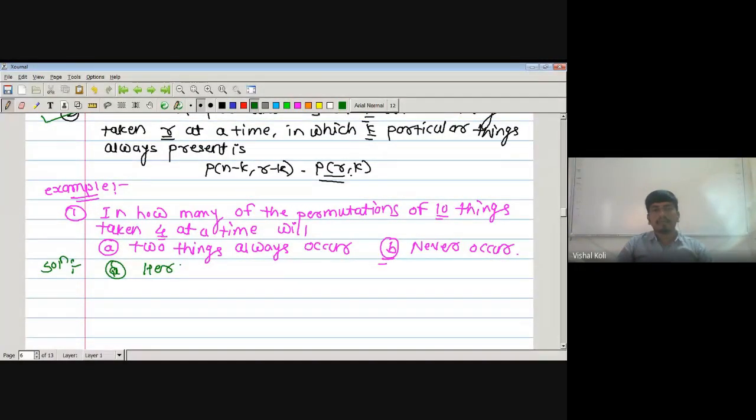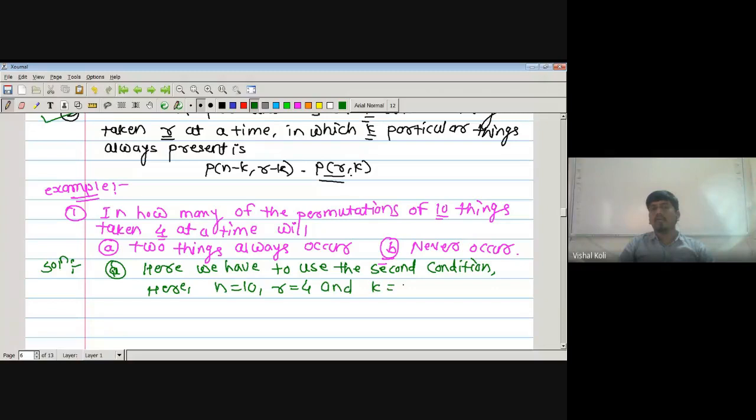Here we use the second condition, and by the given data, n is equal to 10, r is equal to 4, and k is equal to 2.